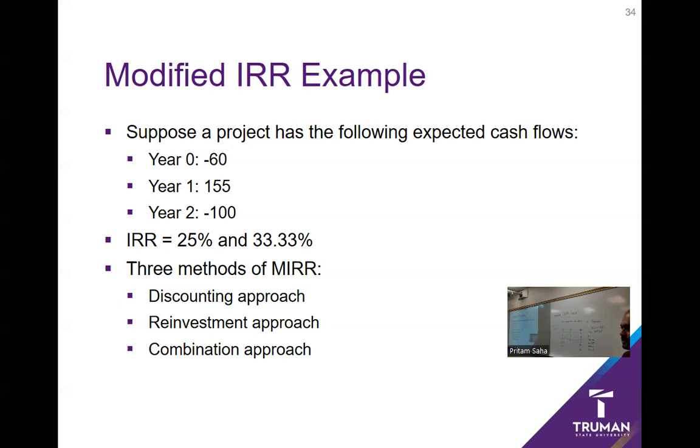Combination approach. There will be nothing in the middle. All the outflows after day zero, discount back today. All the inflows after day zero, compound towards the future, towards the end. Mix of both. Now cover that up.